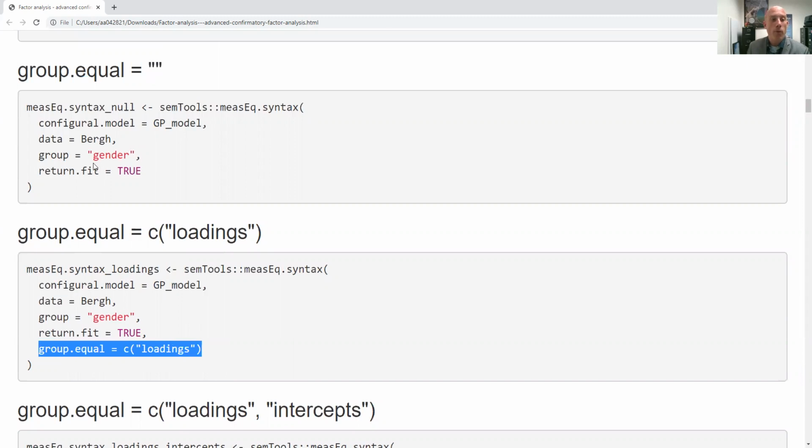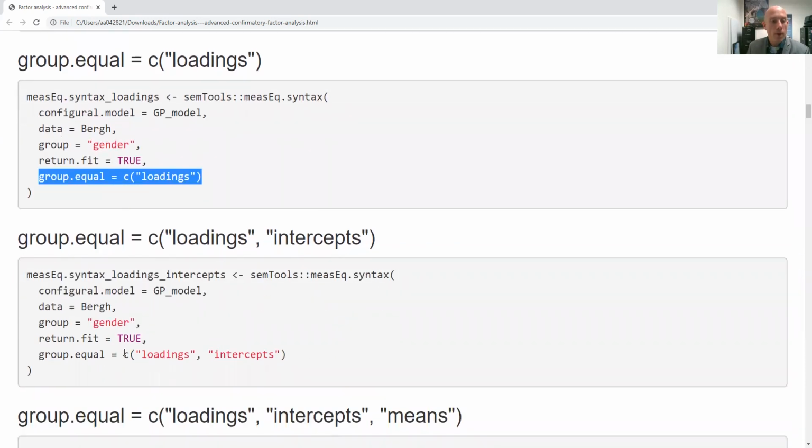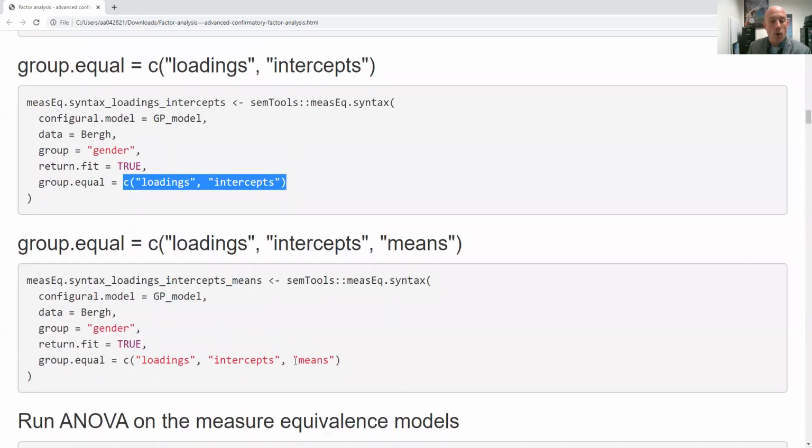Oh, and my group is gender. Now on this model, I'm going to use loadings and intercepts, so I'm tacking intercepts onto the previous model that we created. And on this model, I'm going to tack on means for equality across groups onto the previous model.